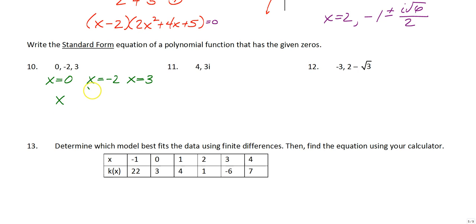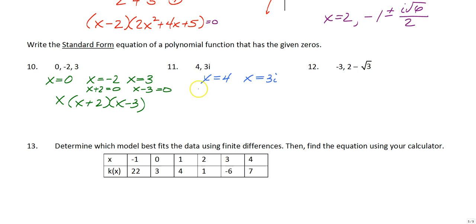We would add 2 to both sides. That would give us x plus 2 equals 0. Subtract 3, that would give us x minus 3 equals 0. And then we just take what's equal to 0 and we put it in parentheses, and we're good. Okay? So that's how you work with these. You just set them equal to 0, or get them back equal to 0. That's the trick.